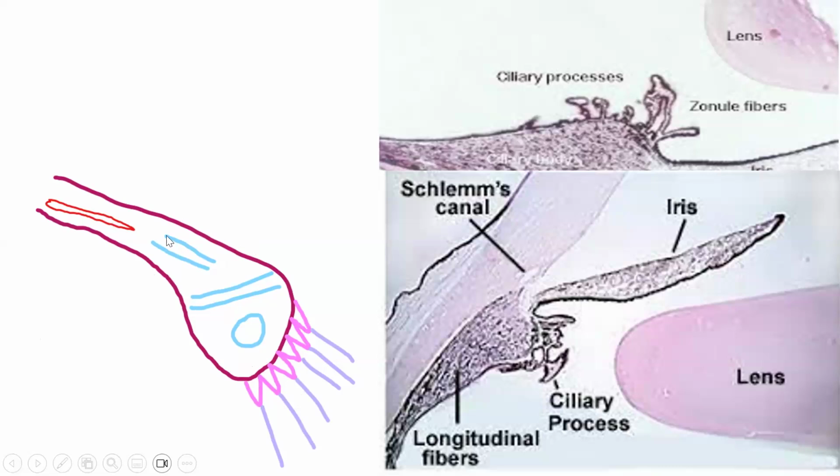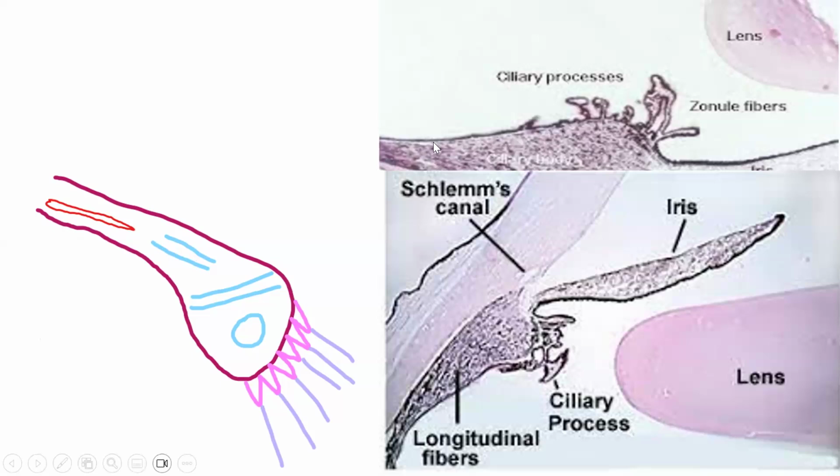And these are the muscles. These are the circular sphincteric muscles. This one comes obliquely, so it's the oblique radial muscles. This is for near vision, this is for far vision, and this is the meridional longitudinal for the stretching of the choroid, and this red thing is mimicking a blood vessel because this is the vascular layer.